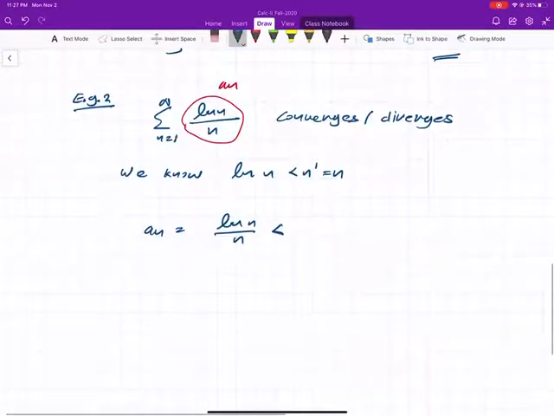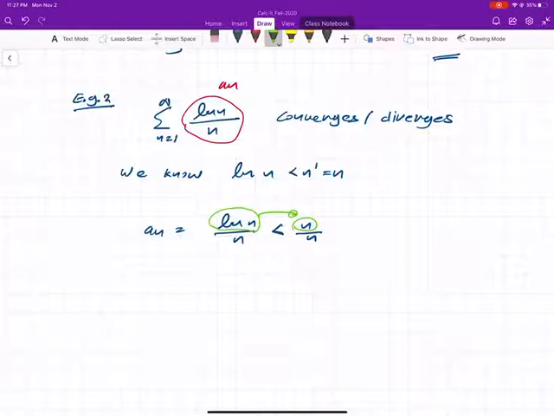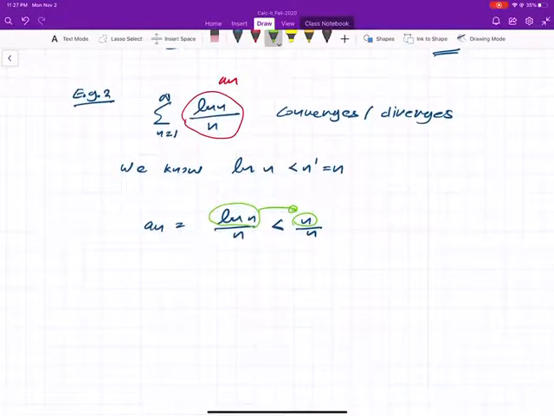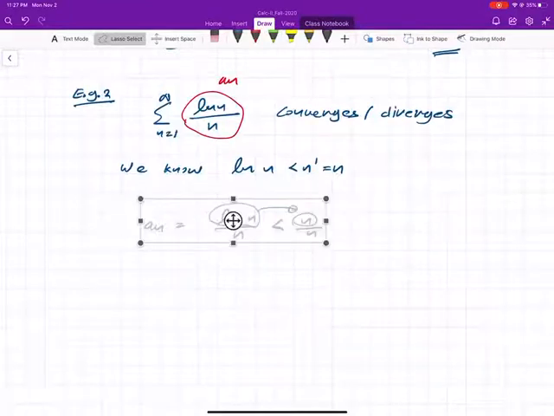So for this one you could put n over n. What I have done is, for ln n I put n. That's why we have this greater than symbol.